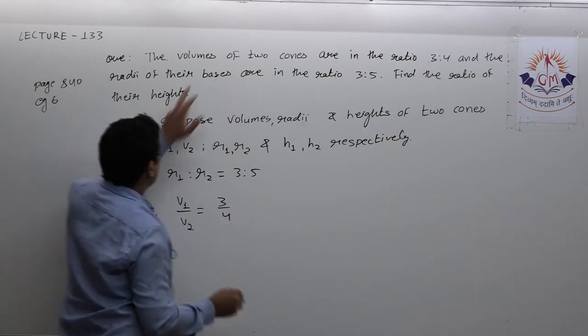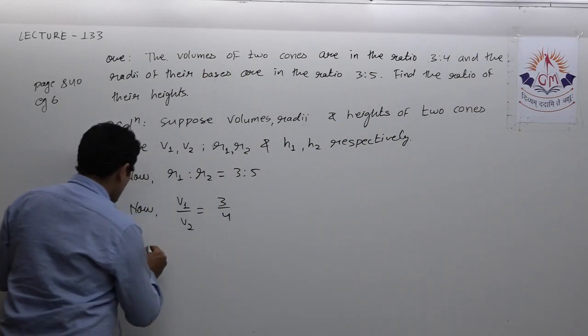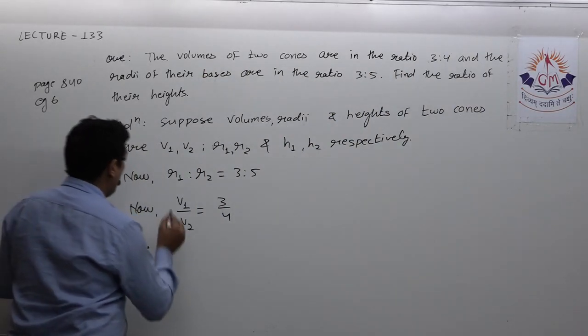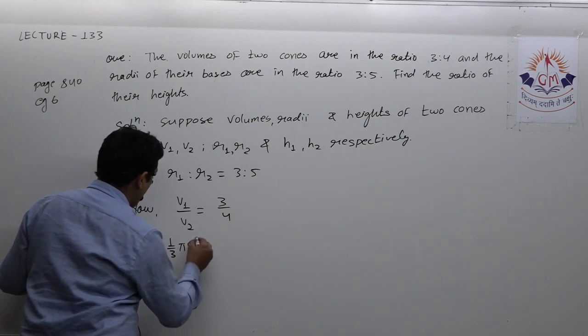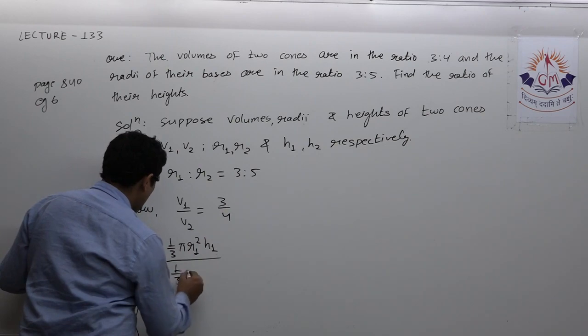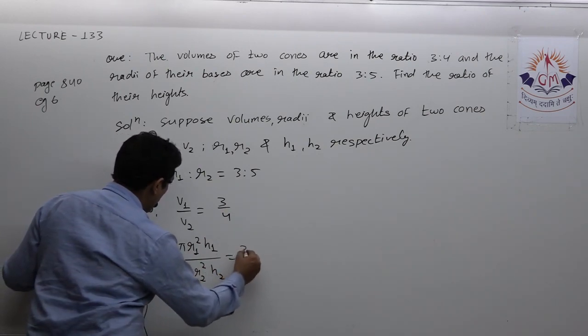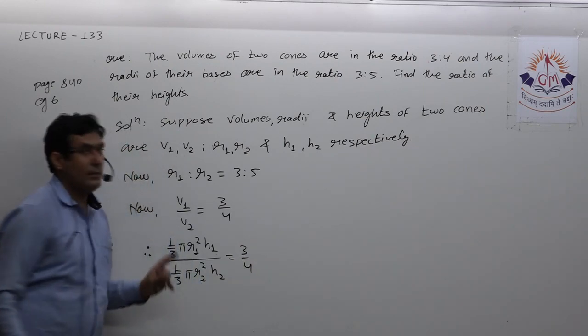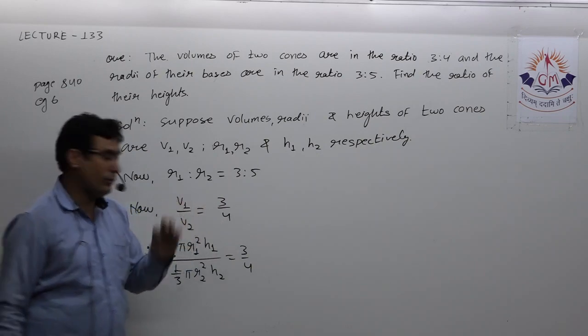According to the formula, volume is 1 by 3 pi r square h, so pi r1 square h1 upon 1 upon 3 pi r2 square h2 is equal to 3 by 4. We have to find the ratio of heights, that means h1 is to h2.